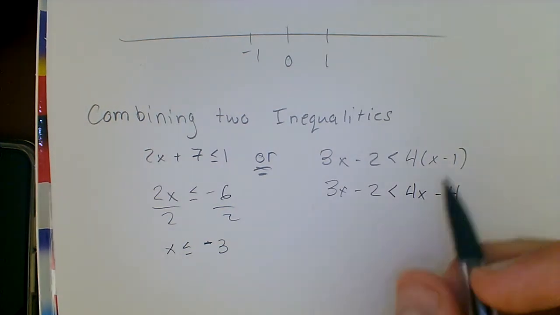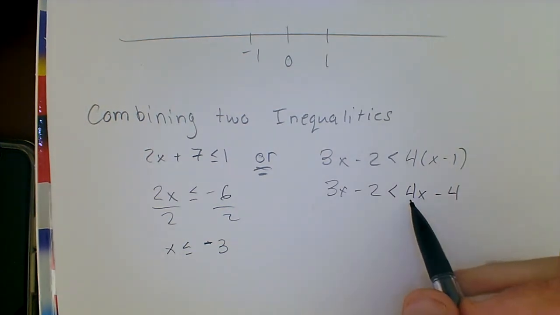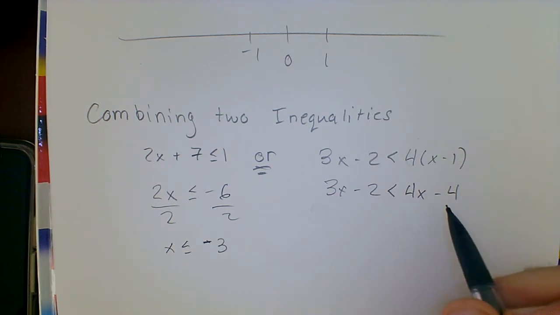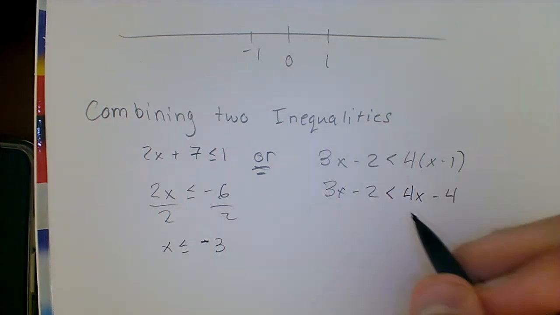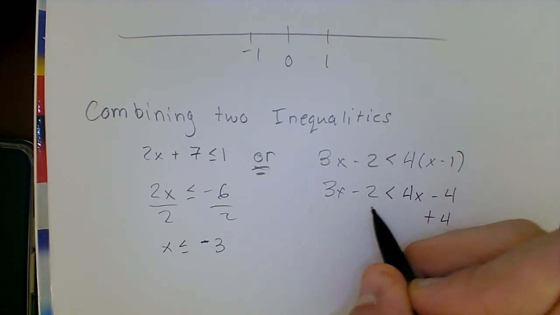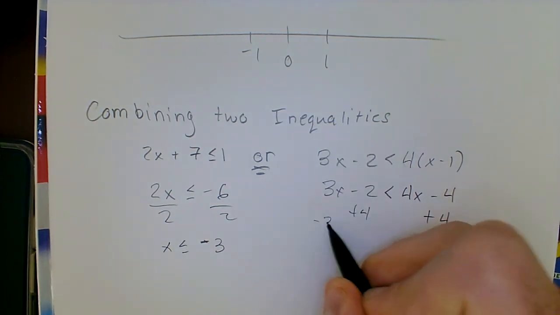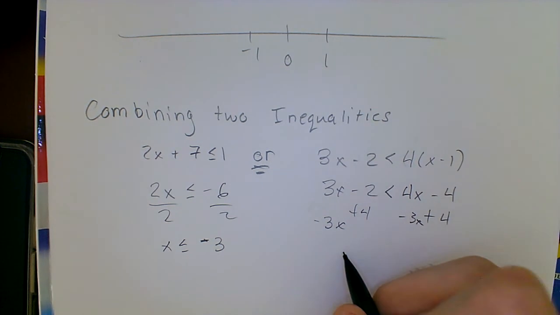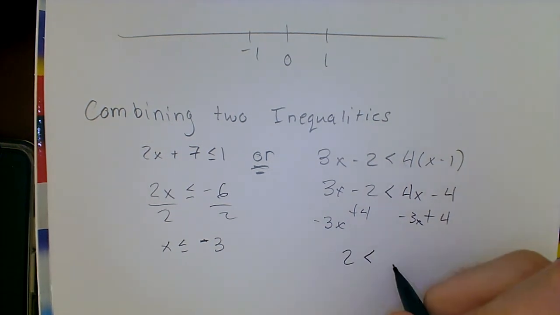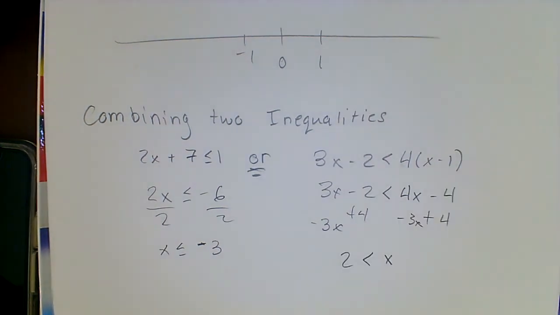Now I'm going to add 4 to both sides and subtract 3x. So you get 2 is less than x.